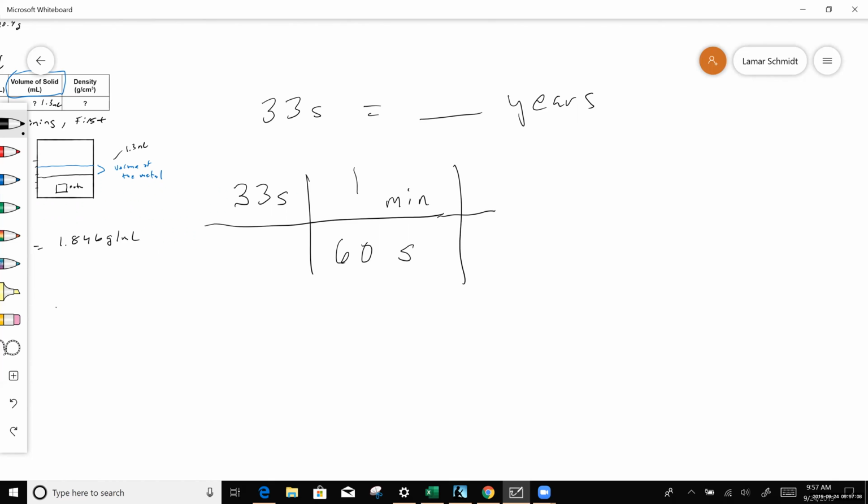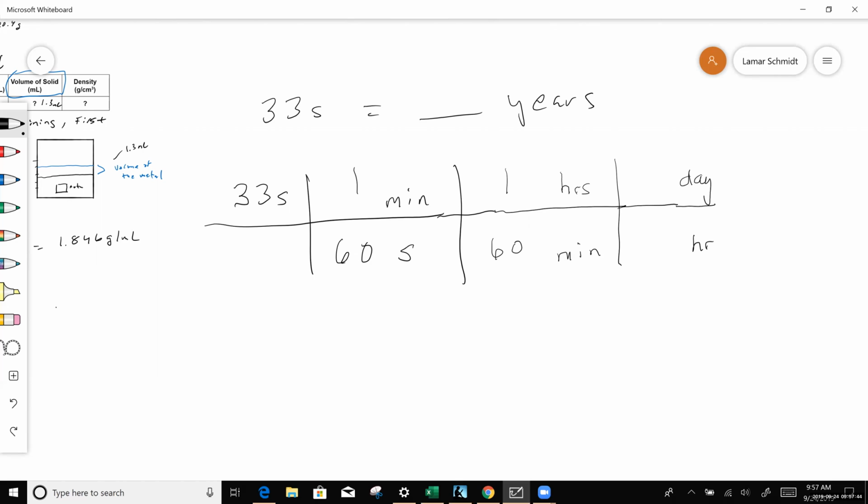Are we at years yet? No. So what can we do? We keep going. What unit is here? Minutes. And what are we going to put here? Minutes. You see how the unit's the same? And you can go minutes to what? Hours. Yeah, and you can say 60 minutes is equal to 1 hour. Now what unit goes down here? Hour. Now y'all getting it. Hour to what?